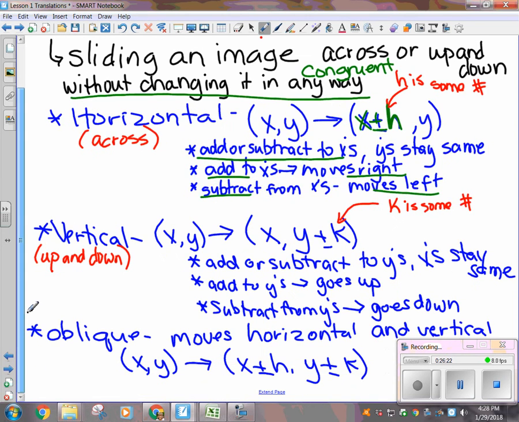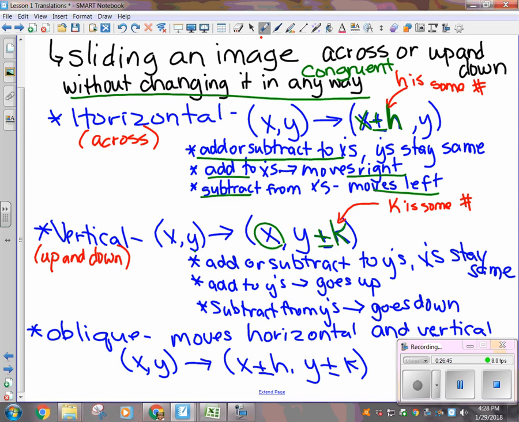Now vertical. Vertical is when it moves up and down. X's stay the same. You add or subtract to the y's. When you add or subtract, and this time I'm using the letter k, k again is just some number. I can push mine up 10, or I might push it down 5.